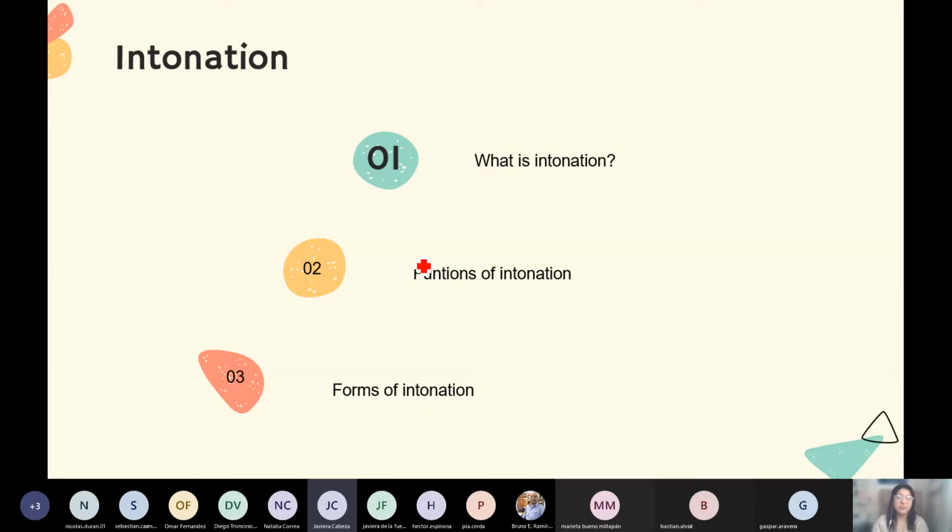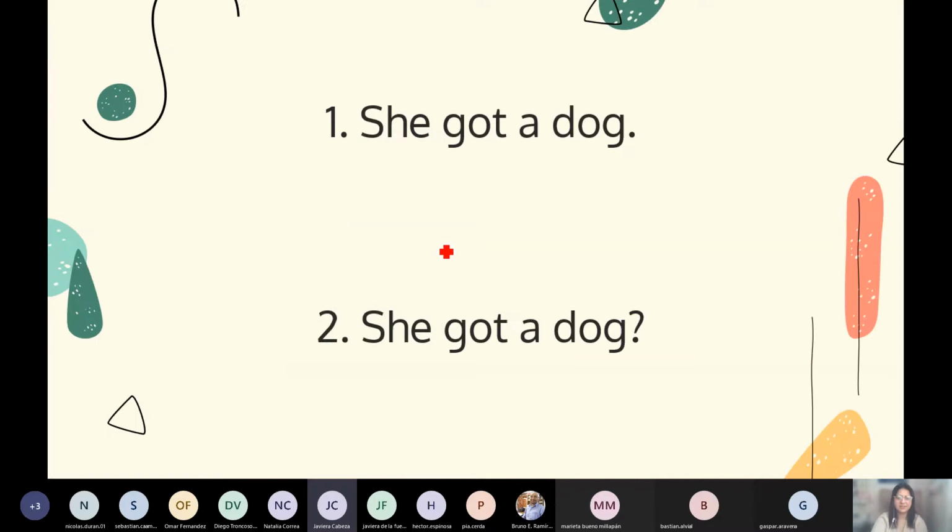I don't know if you remember what pitch was. When we talk about stress, we talk about pitch. So I think you will remember. But here we have an example for you to understand this a little bit clearer. Here we have two sentences: she got a dog, and she got a dog. As we can see, we have one statement and one question.